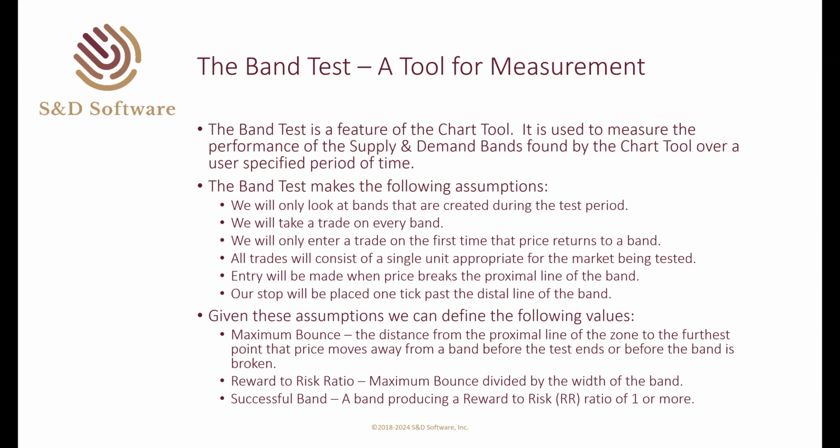Now, on the previous slides, we talked about our trading system. What we're going to do here is take that methodology, and instead of applying it to a trading system, apply it to what is a component of many trading systems. And that is the supply and demand bands that are found by the tool with whatever settings the user has given it to use.